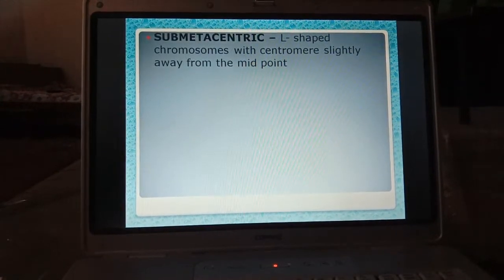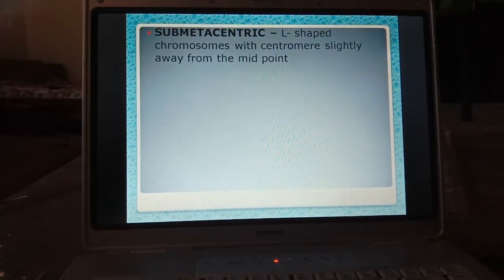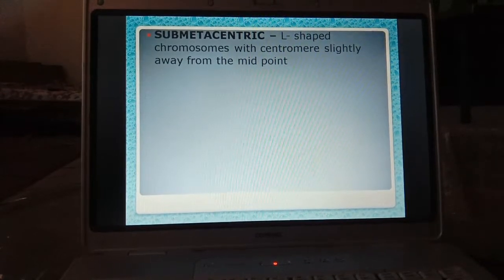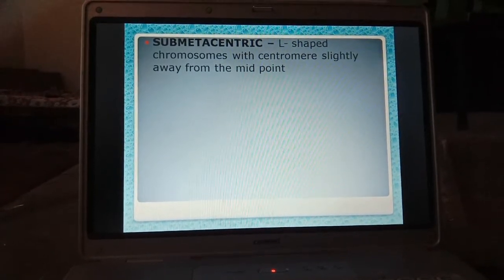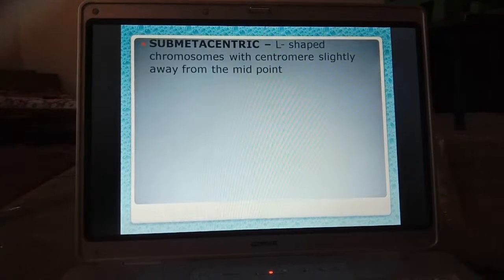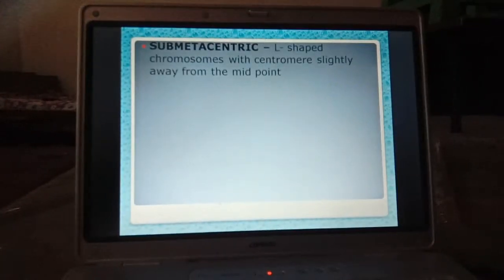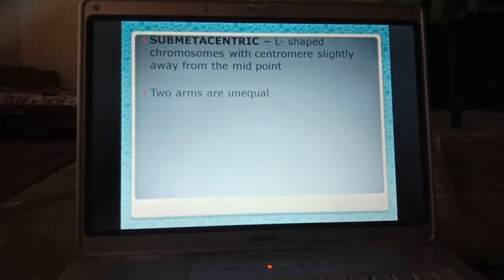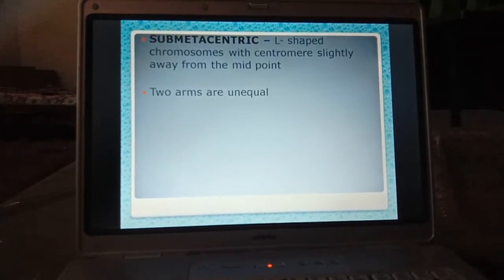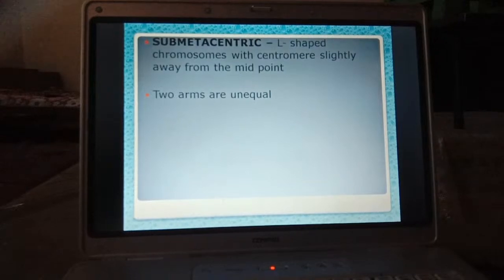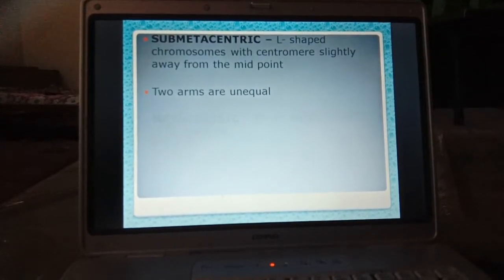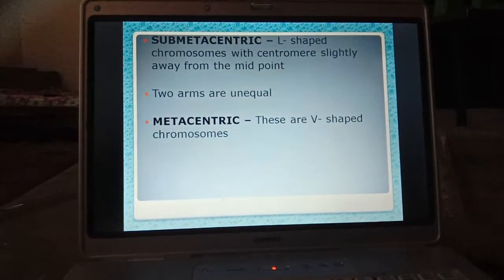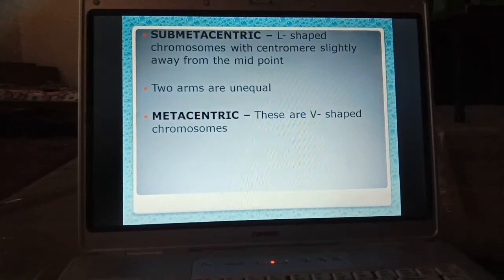The next type is submetacentric. These are L-shaped chromosomes, and the centromere is slightly away from the midpoint, due to which an alphabet L shape is attained. The two arms of the submetacentric chromosome are unequal. Next type is metacentric chromosomes.